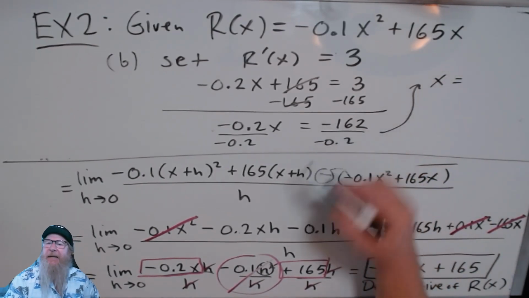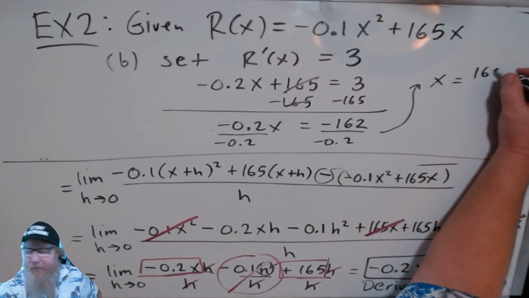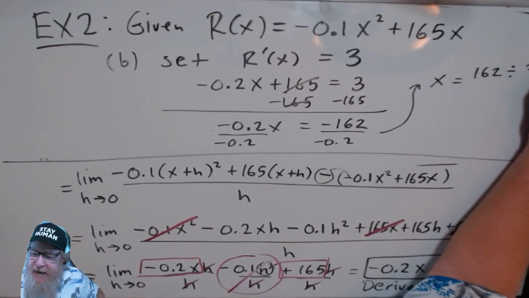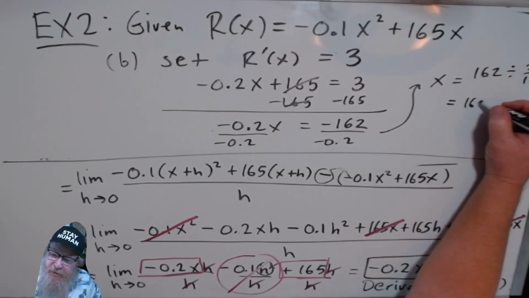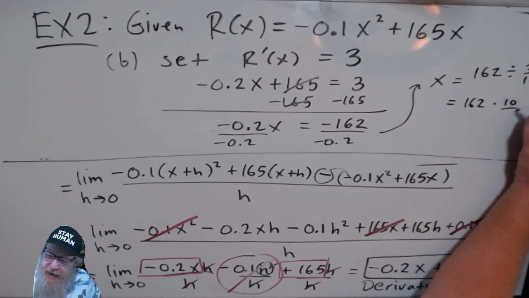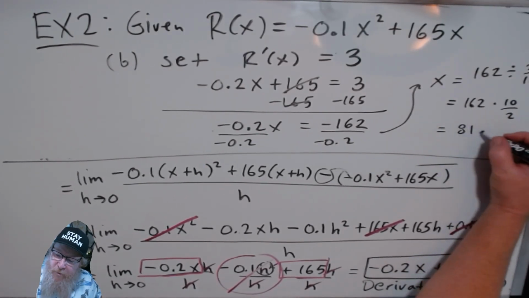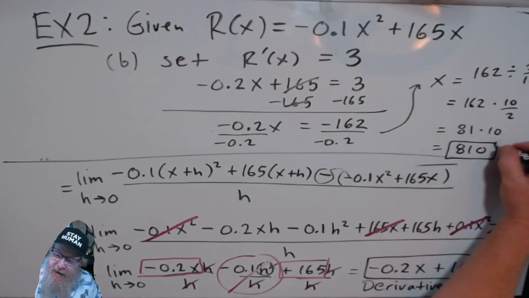So I get a negative divided by a negative. I actually don't have my calculator handy, so that's going to be divided by 2/10, which is times 10 halves, which is 81 times 10, which is 810.